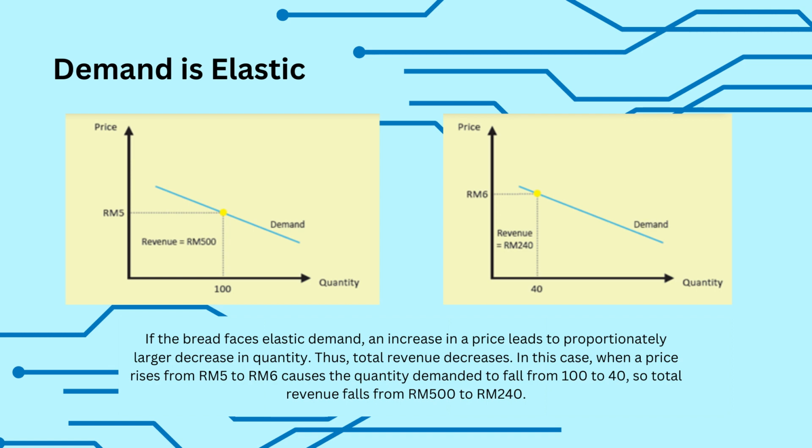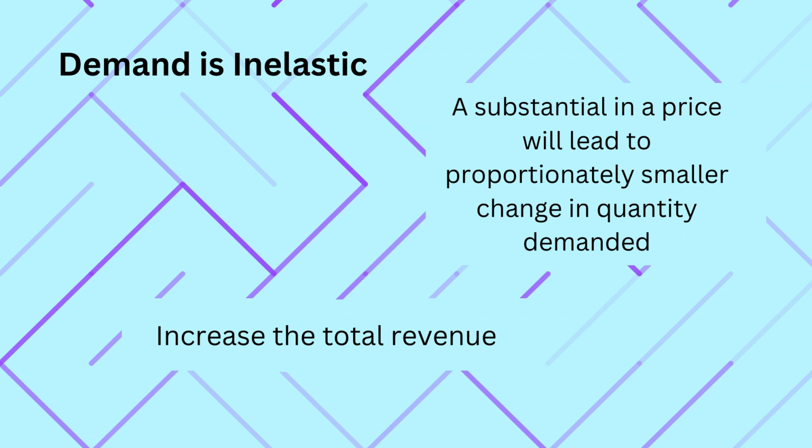In this case, when the price rises from 5 to 6, it causes the quantity demanded to fall from 100 to 40, so the total revenue also will fall from 1,500 to 2,040.